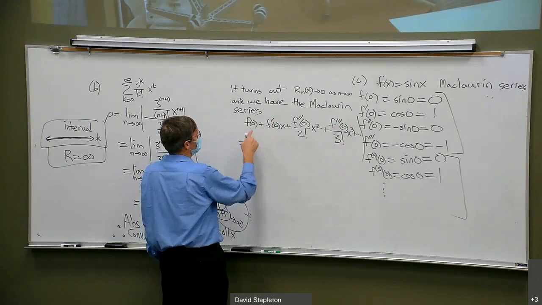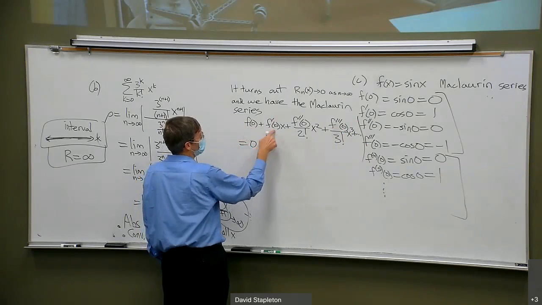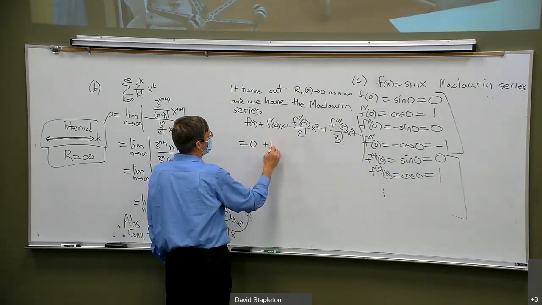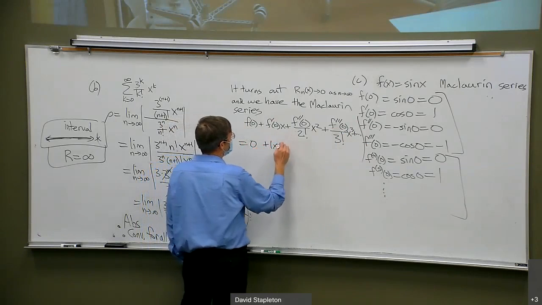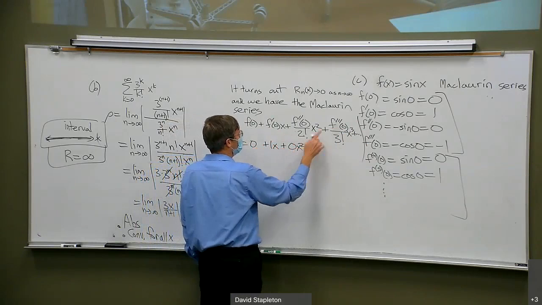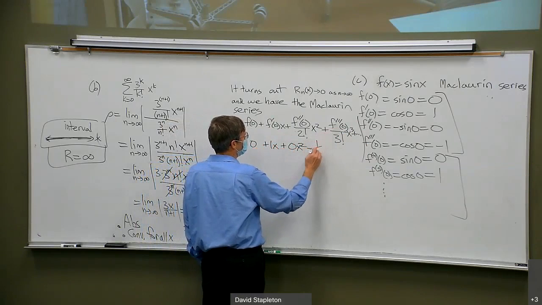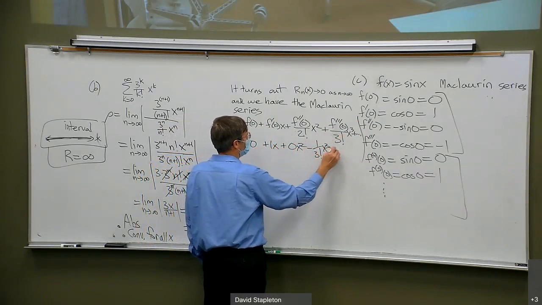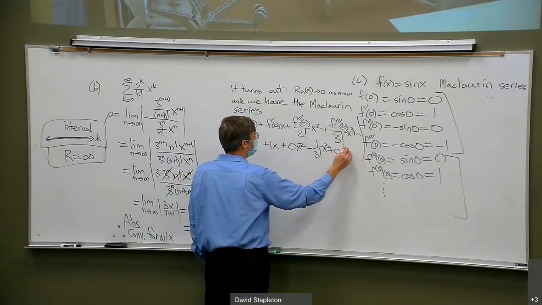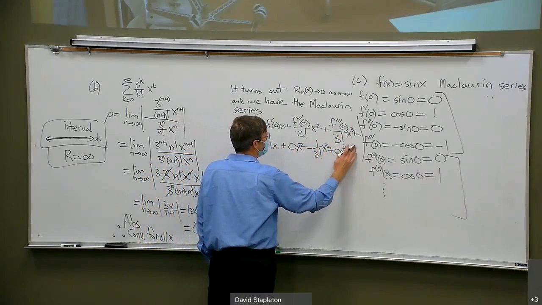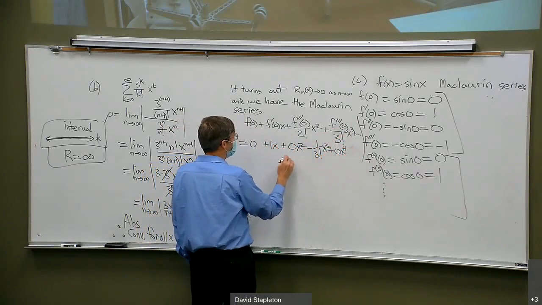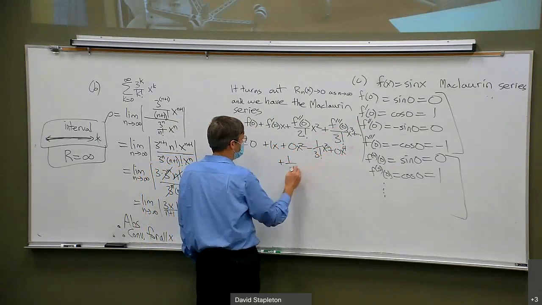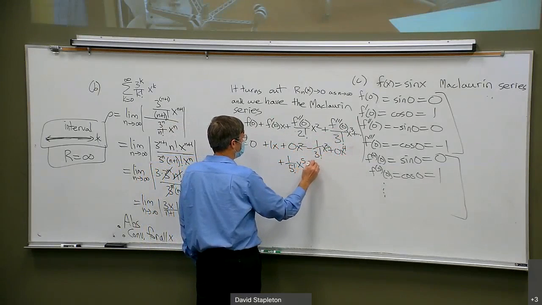For the sine function, f of 0 is 0. This one is 1. And then this one is 0. And then this one is minus 1 over 3 factorial x cubed. And you can see how it goes. Then it gives 0 x to the 4th plus 1 over 5 factorial x to the 5th, minus plus 0 x to the 6th.